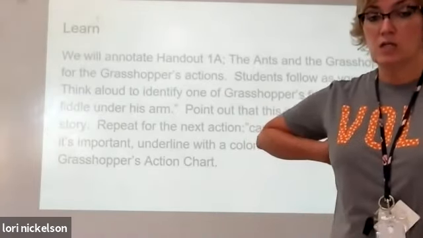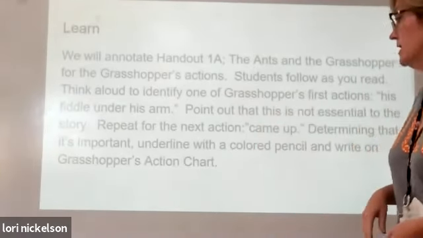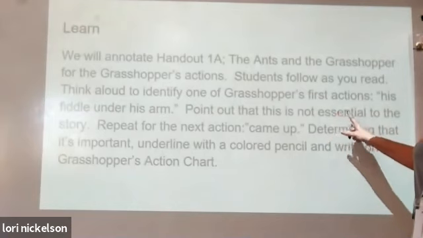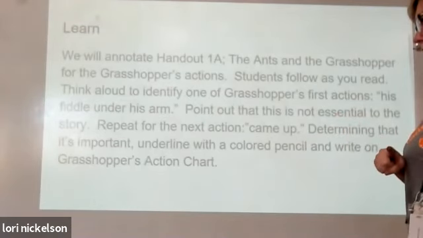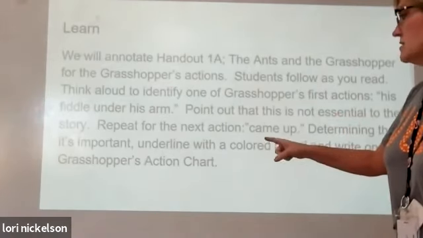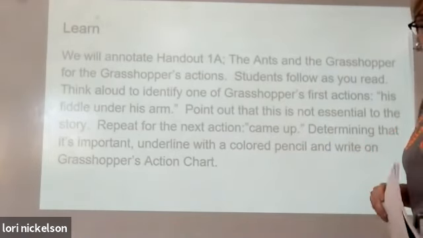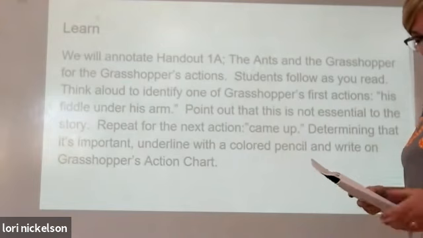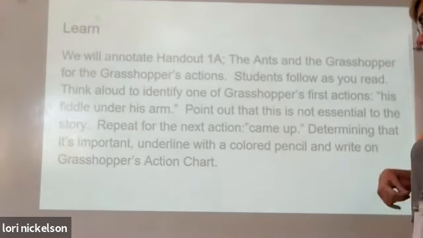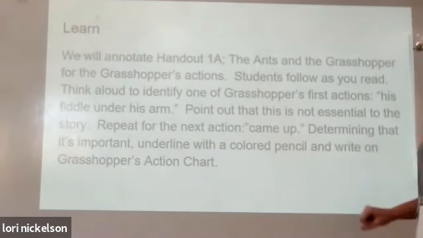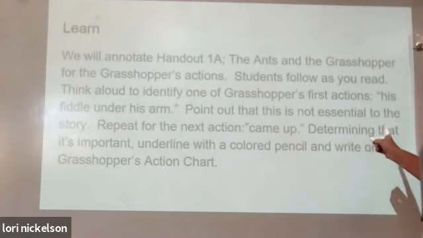He had his fiddle under his arm, didn't he? Now, this is not essential to the story. So let's see what happens next. He came up. After he had his fiddle under his arm, he came up. Now, that is important, isn't it?